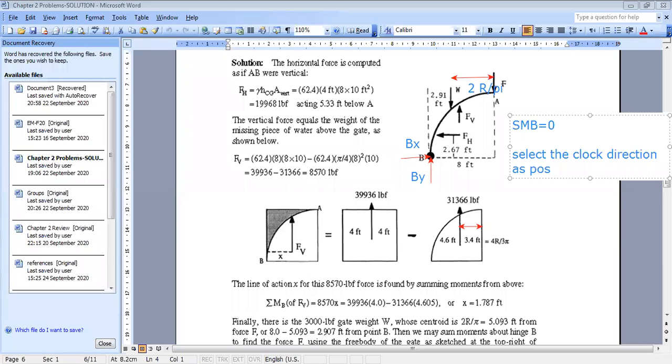What do we have? We have F, and the distance of F from point B, from here to here, is equal to 8, because this is the line of action of F. So we have F times 8.